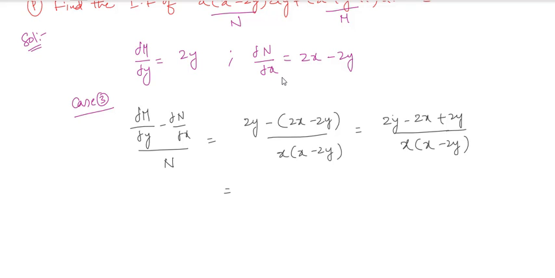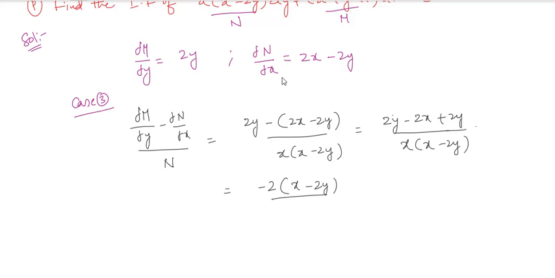Actually 2y plus 2y which is 4y, I directly just wrote here, nothing more complication. You will have it as 4y.